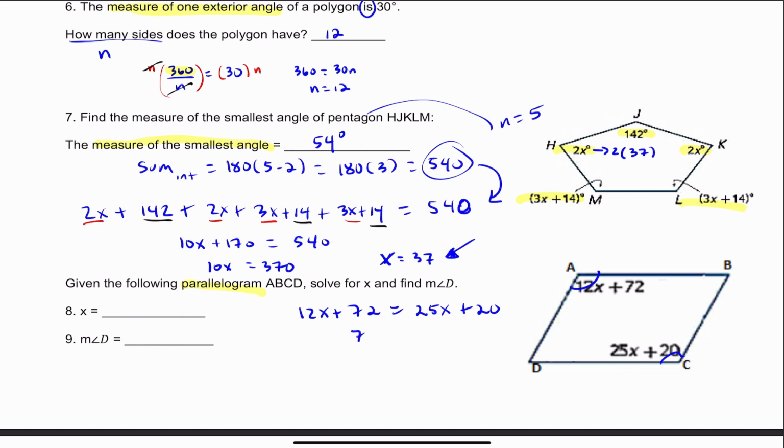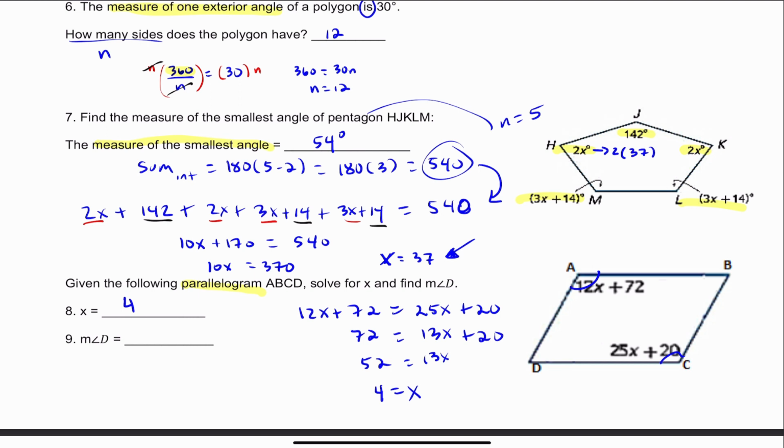Then I get 72 equals 13x. Now I'm just doing the algebra, solving for x, and that should give me x is equal to 4. Know this is not a trick question.